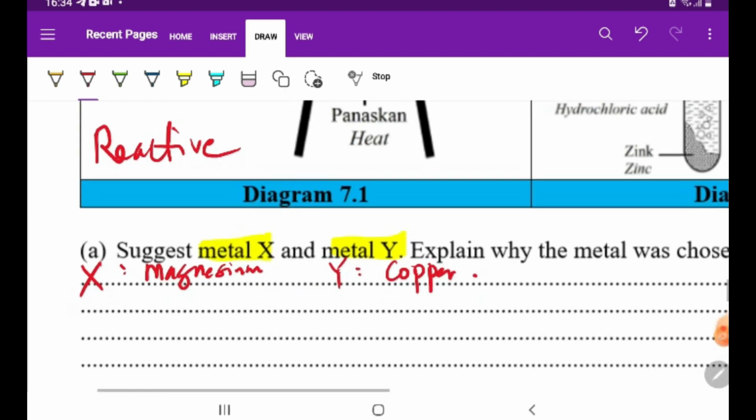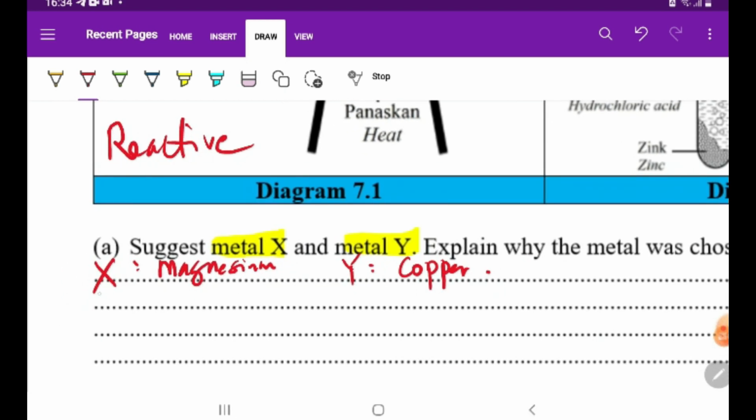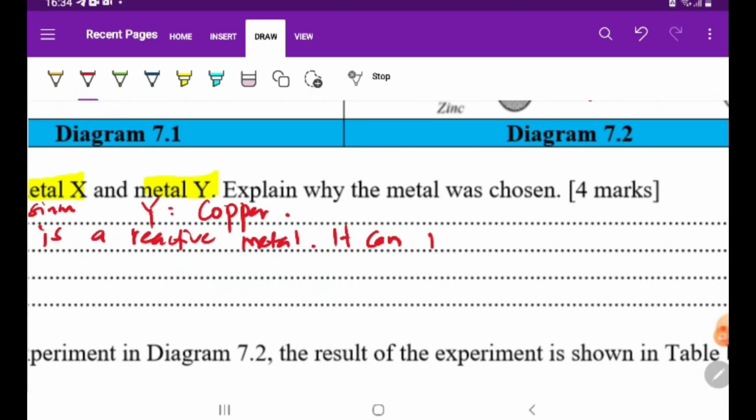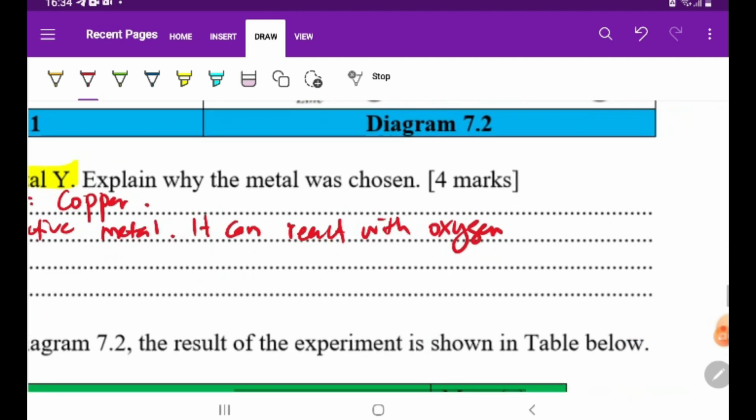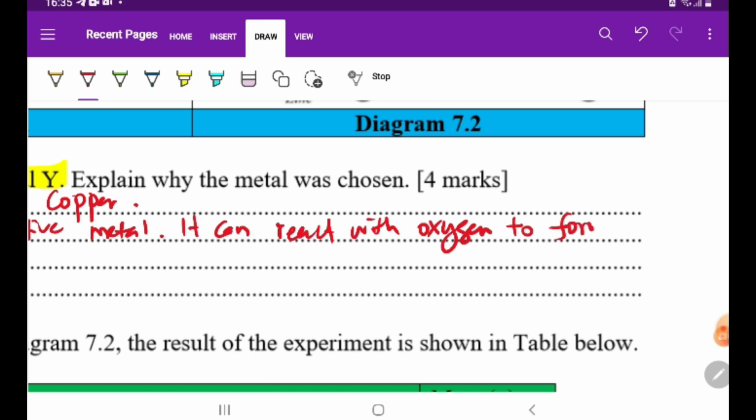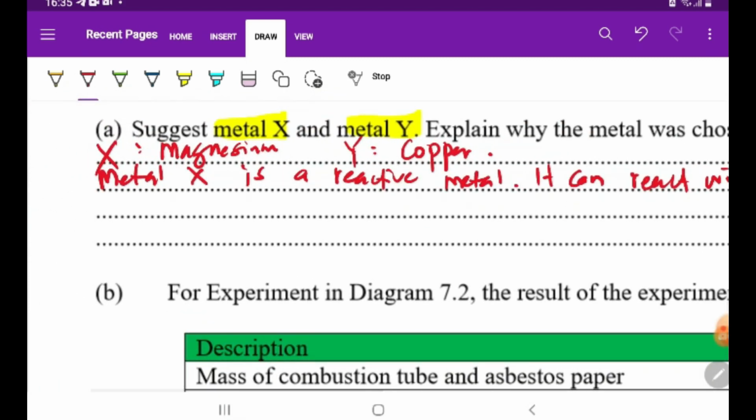Why were the metals chosen? Metal X is a reactive metal. It can react with oxygen to form magnesium oxide. Then metal Y is an unreactive metal.